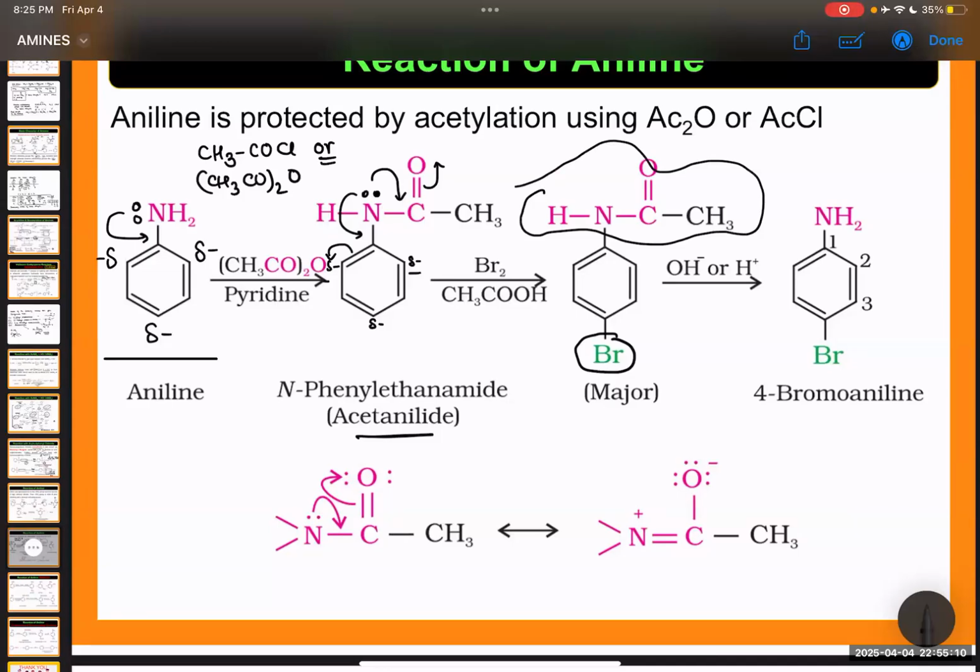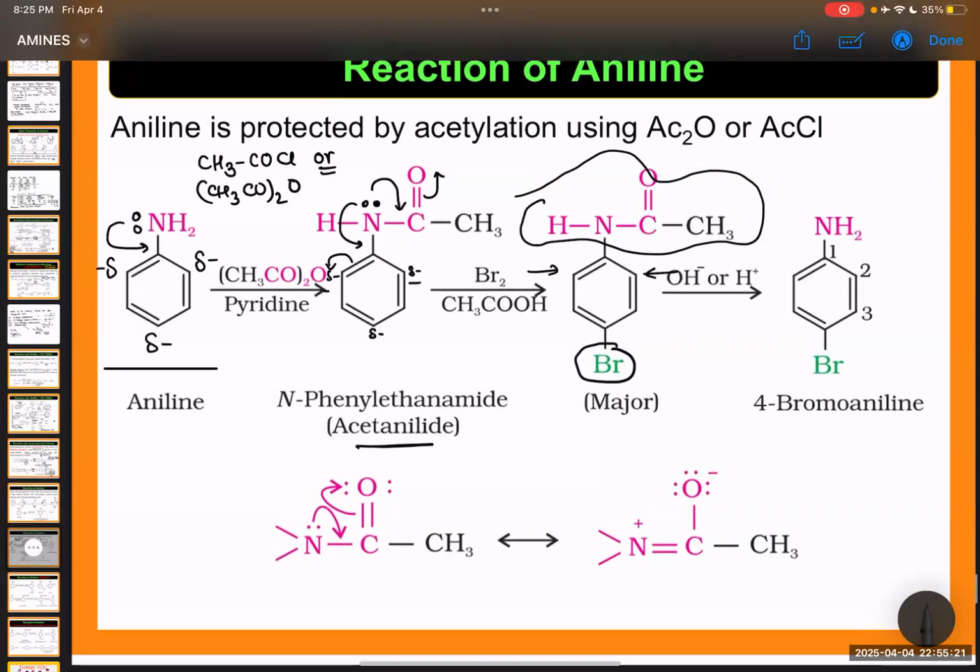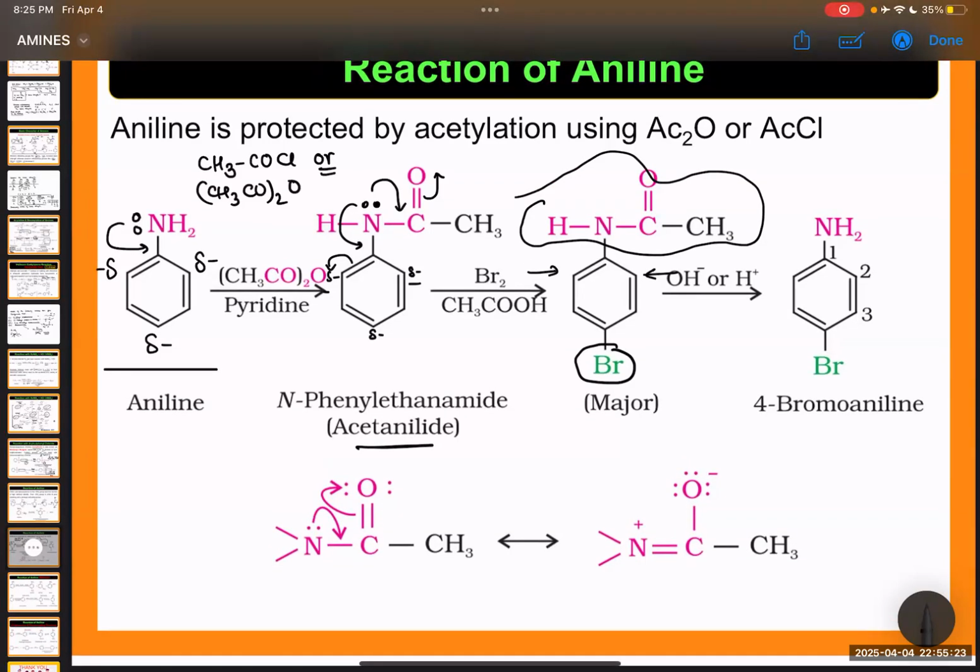It's very huge. The ortho positions are sterically hindered, and the attack on the ortho position is prevented. It's difficult to come closer to the ortho position because of this large size group, which is stopping the attack at the ortho position.